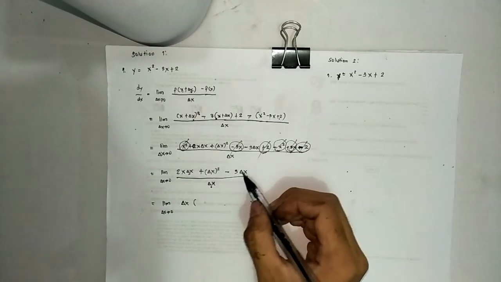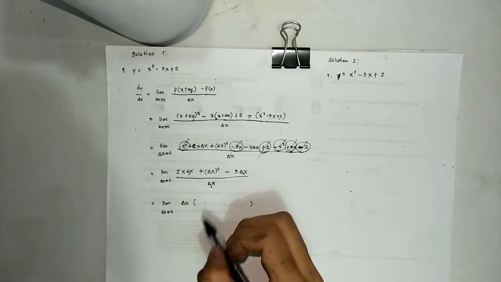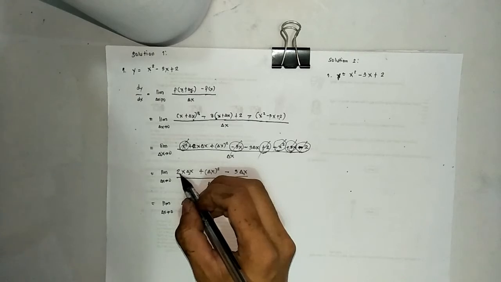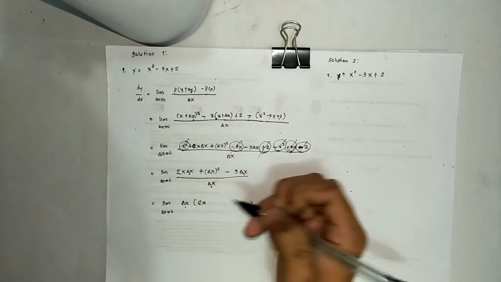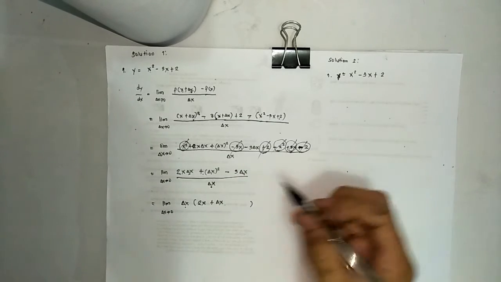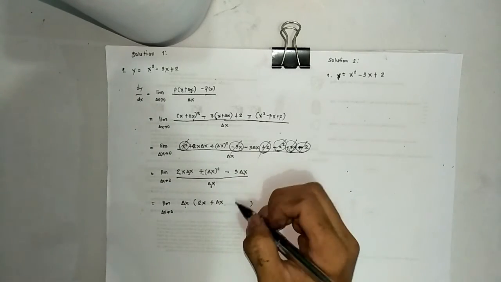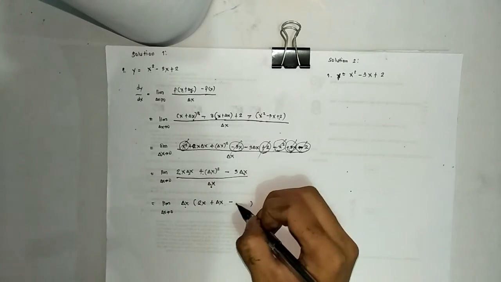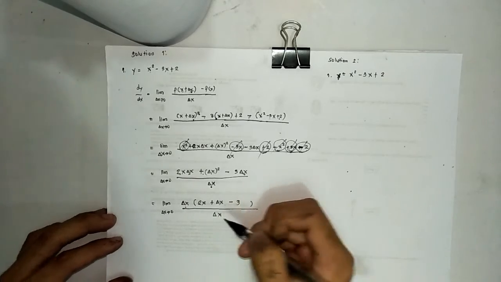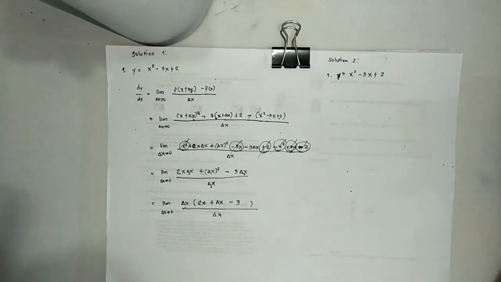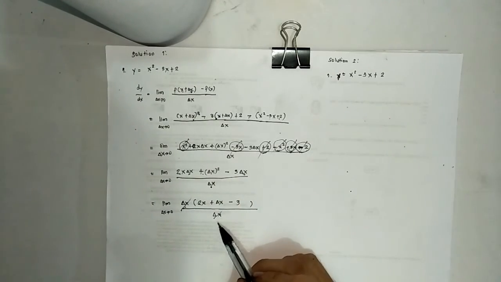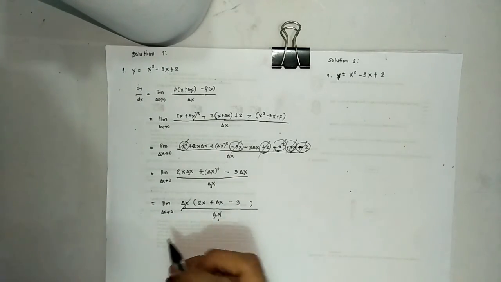Common factor ng tatlong term na to is change x, which is nilabas natin yung change x. Natira na lang dito is 2x. And then dito natira is we have change x, kasi nilabas natin yung isang change x, minus nilabas natin yung change x, 3 na lang matitira. All over change x. Okay, now, so we can now cancel out yung change x na nasa taas at yung change x na nasa baba.